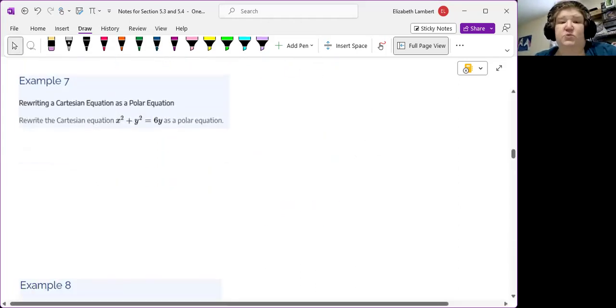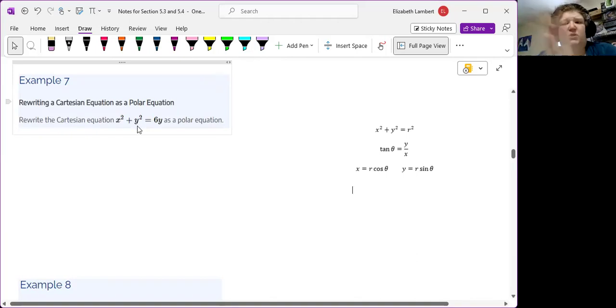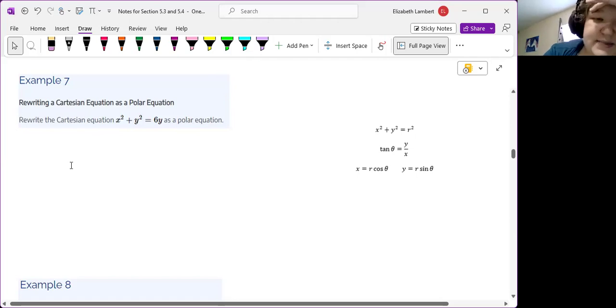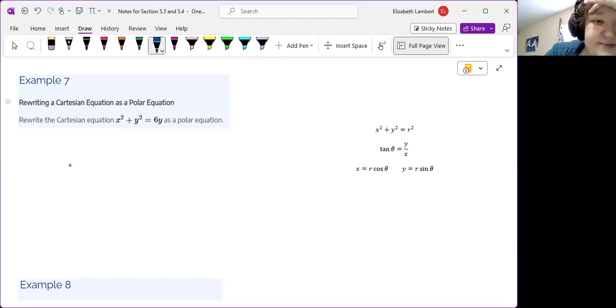All right, now this one, a little more interesting. I have my x squared plus y squared again, so bing. But then I have just a little old y sitting over here. Well, hey, check it out. R sine theta. All right, so let's make those changes. Right here, that is r squared.